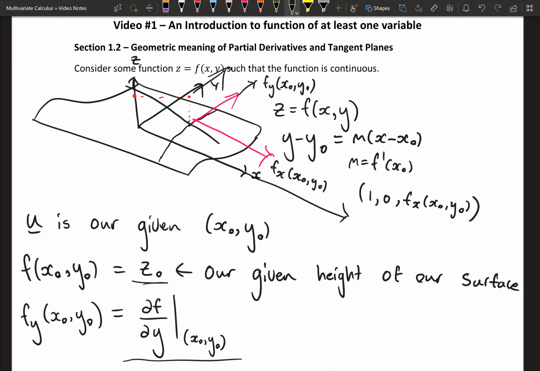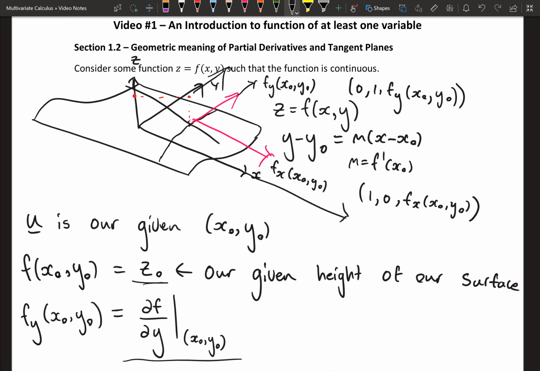And in the case of this, we are looking at the change of z in the y direction. So that would mean we would have (0, 1, f_y(x naught, y naught)).